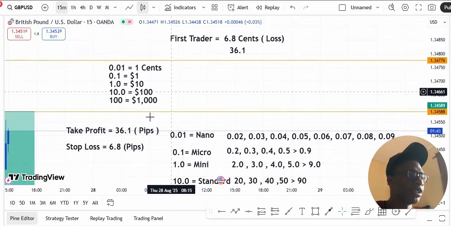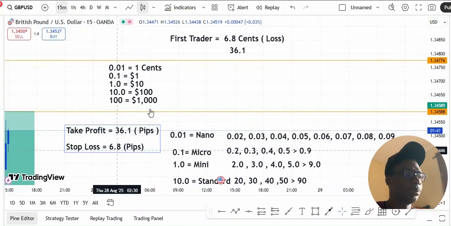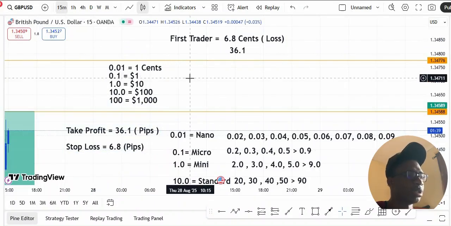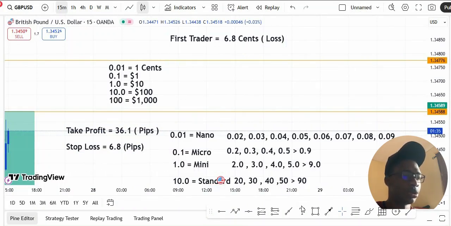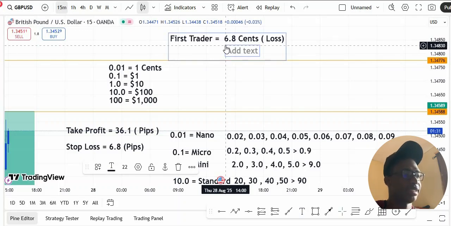So if 6.8 pips is 6.8 cents, how much is going to be 36.1 pips? That will be equivalent to $3.6.